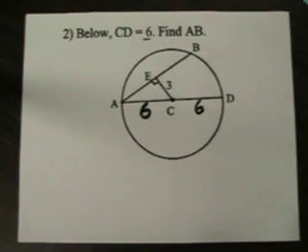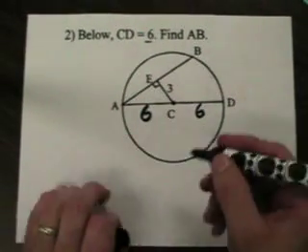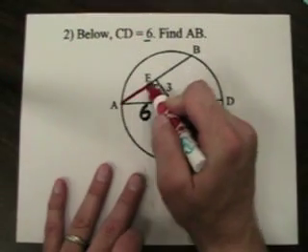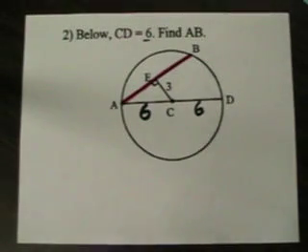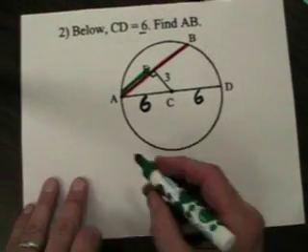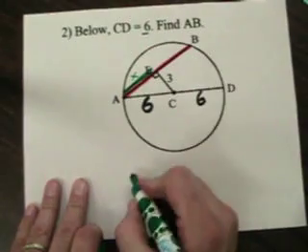Now, I can use the Pythagorean theorem to find AE, and I think I'm going to do that because my ultimate goal is to find AB. But for right now, I'm just going to find AE. So let's see what that is. AE will be, we'll just use the letter X for it right now.